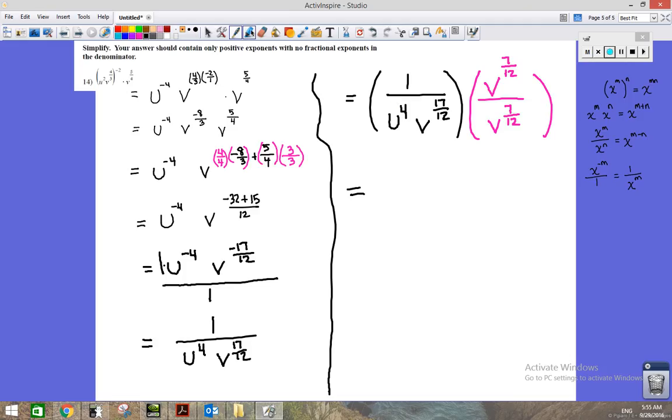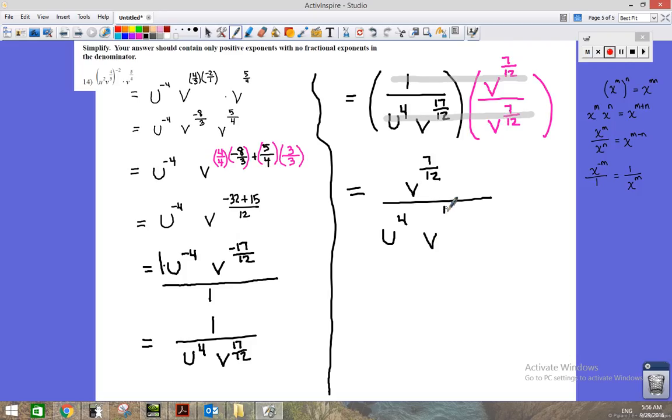When we multiply fractions together, we've seen it's easy. You just multiply the denominators together and you multiply the numerators together. Well, it's super easy to multiply these numerators because it's 1 times this. I'm just going to get this v to the 7 over 12. Now, in my denominator, I have this u to the fourth, and when I have v times v, I can add the exponents.